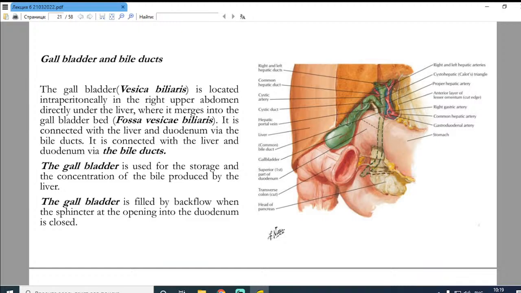The gallbladder is used for the storage and concentration of bile produced by the liver. The gallbladder is filled by backflow when the sphincter at the opening into the duodenum is closed. If you open, this is closed.